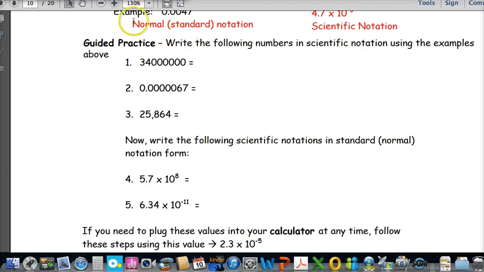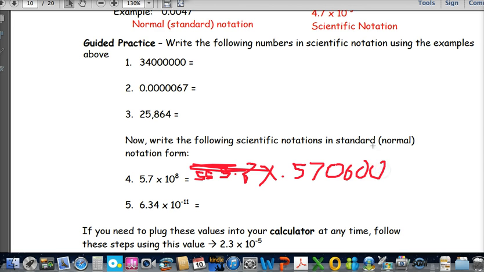Let me attempt to figure out how to draw this. Oh, here we go. Okay. So it's going to be 5, 7, and then 7 zeros. 3, 5, 6, 7.